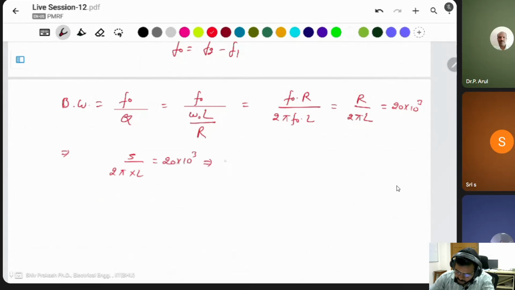You can find the value of inductor L: 5 divided by 2 pi into 20 into 10 to the power of 3, which is 39.8 micro Henry.